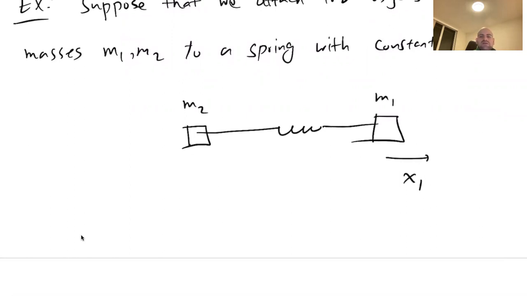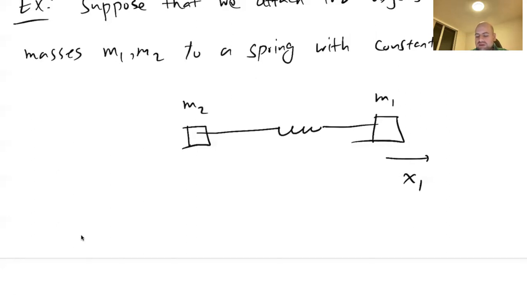And each of these masses will have their own displacement function. Remember in the previous chapter, we were trying to find the displacement function when we attach an object to a spring. So here we are attaching two objects to our spring, one from the right-hand side and one from the left-hand side. So each of these mass objects will have their own displacement function. I'm denoting those displacement functions with x1 and x2. In the previous chapter, we used the notation u1 and u2.